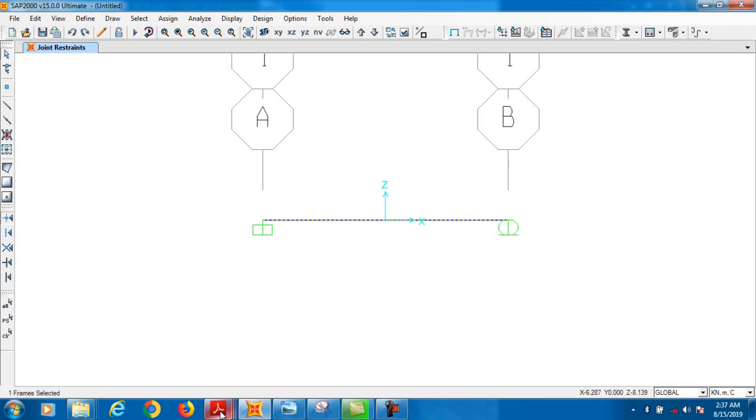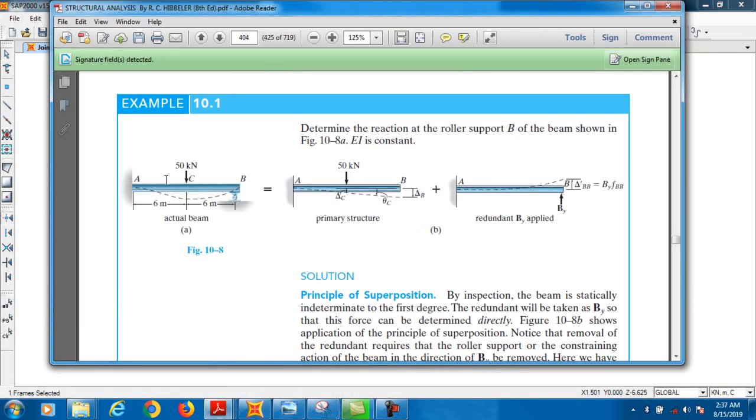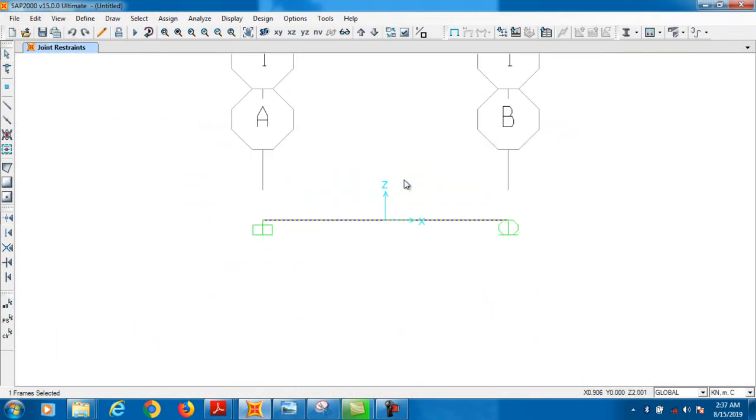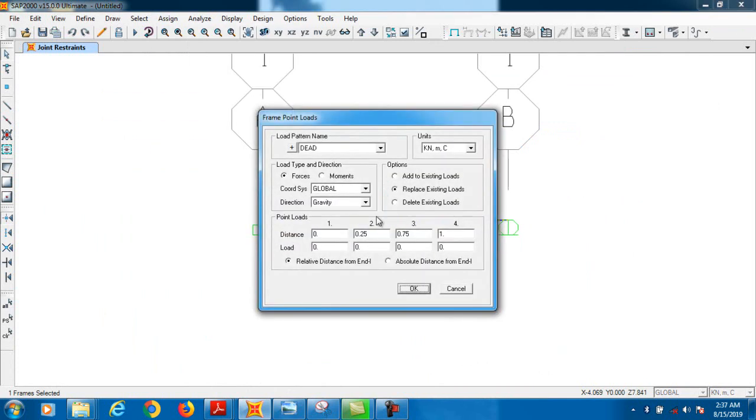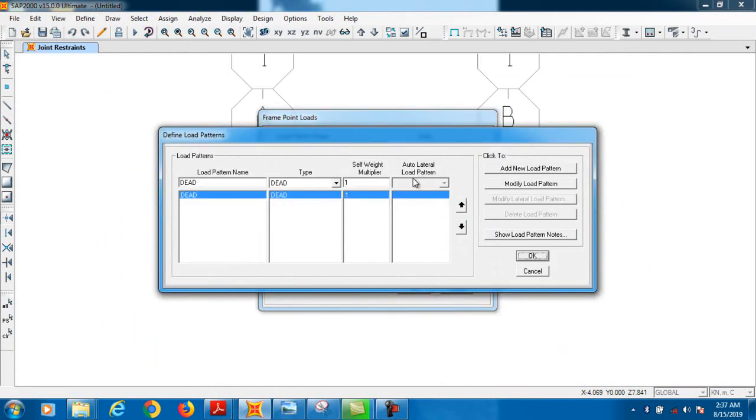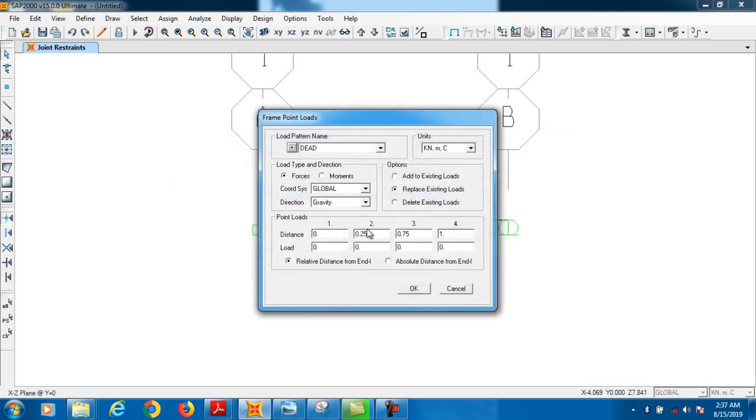Assign the load, which is at the middle of the beam, 50 kilonewton. Assign frame load, point load. Make sure this is 0. Modify. The force is gravity, and the magnitude at a distance of 6 meters is 50 kilonewton.